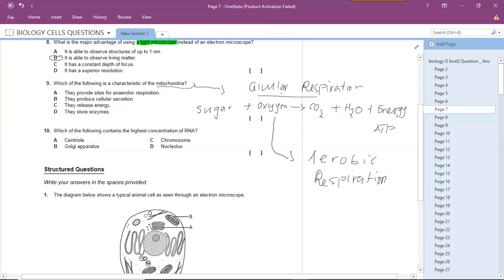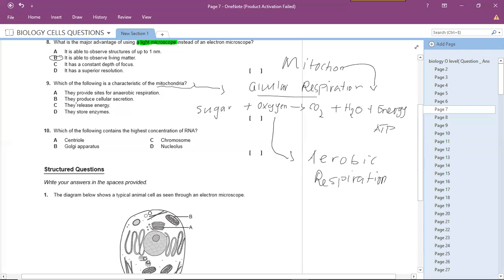So that's what the mitochondria does. It's the powerhouse, releases energy. What's the equation? Sugar plus oxygen equals carbon dioxide plus water plus energy in the form of ATP. Energy, oxygen, it's an aerobic process.